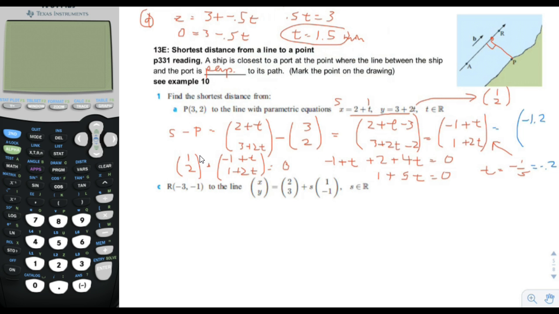Then 1 plus 2 times negative 0.2, which is 1 minus 0.4, or 0.6. So we have (negative 1.2, 0.6), and that is the vector that should be perpendicular to the line.